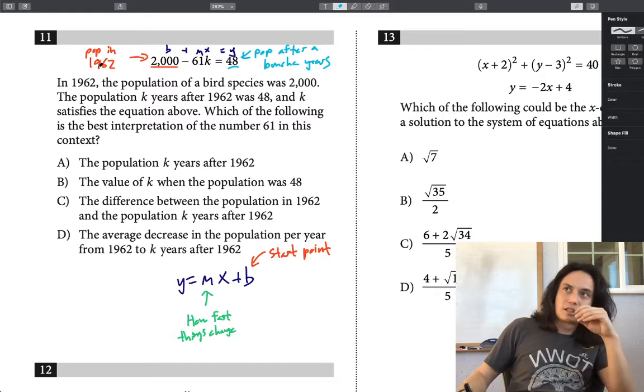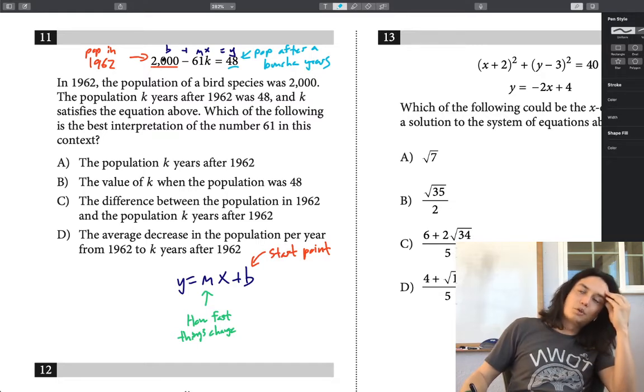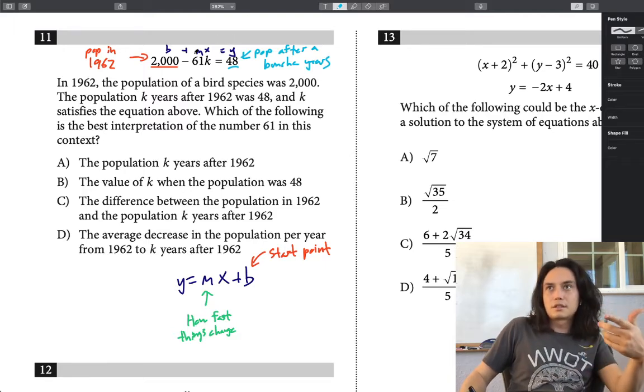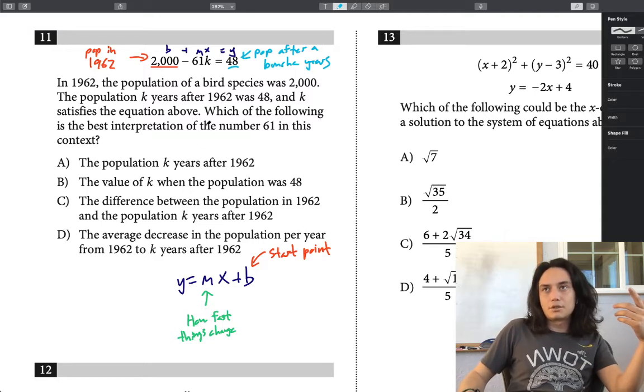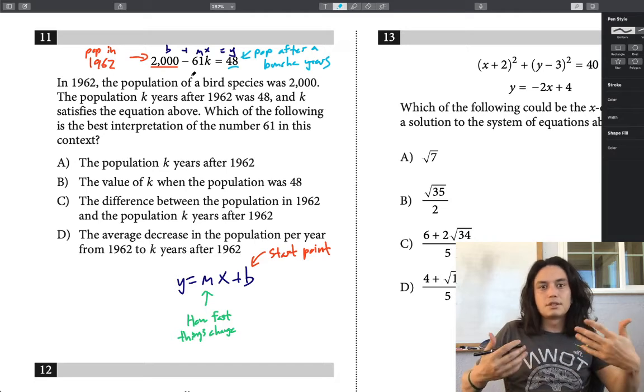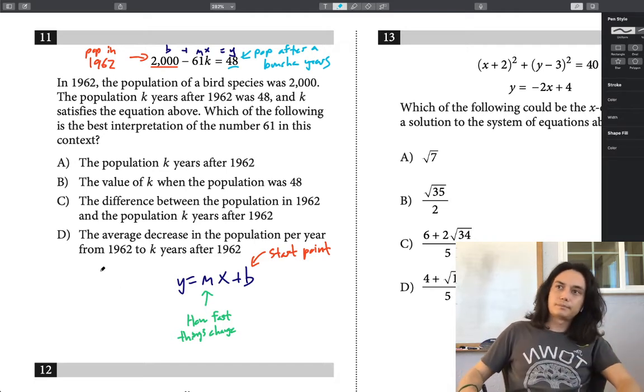This is going to get confusing with the years, but there were 2,000 birds, then there were 61 fewer 1 year later, then 61 fewer than that a year after that, etc. 61, and this is going to be in the answer choices, is the number of birds that the population loses every year, year after year, losing 61 birds a year.